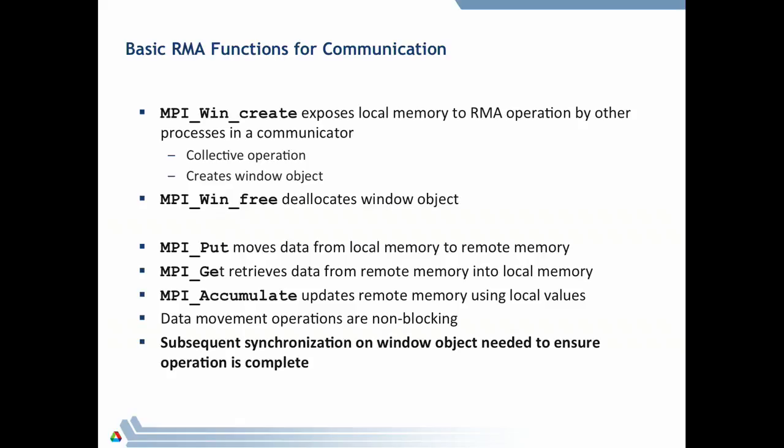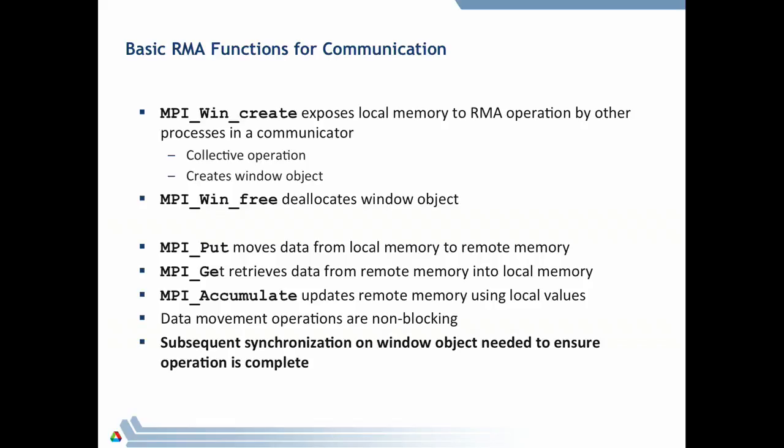This is a collective call over that communicator, and a little bit of other information, and it will give you back this window object. As is typical with MPI, you then use MPI win free to free up that object, just as you would use MPI com free. And then there was MPI put, get, and accumulate.